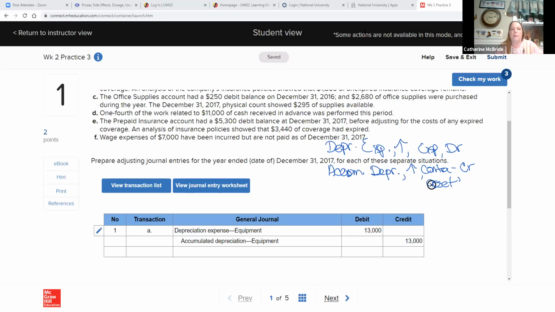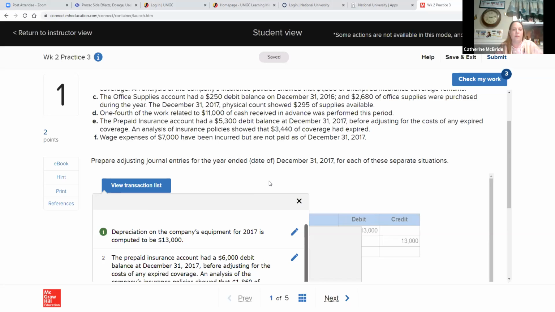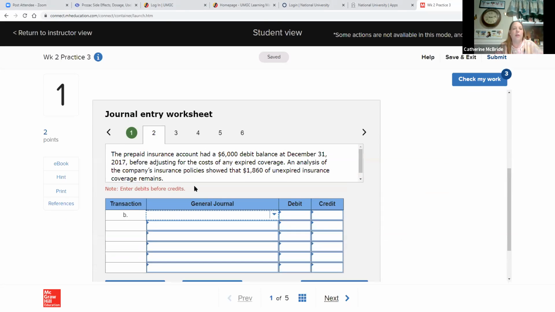Next one. All right, so the next one. Now we're going to think prepaid insurance. So now we're going to use T accounts, and I want you to think, because we have to go back to like the beginning. So we want to think about what prepaid insurance was. Prepaid insurance is when we pay insurance in advance.